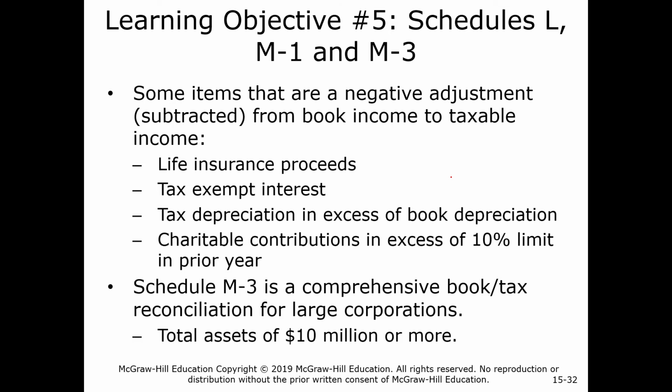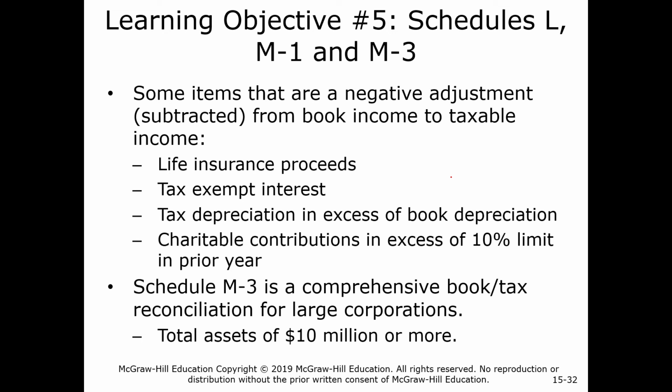Things that could be subtracted in calculating our taxable income could be life insurance proceeds. As I said before, the life insurance premiums are not deductible for tax purposes because the life insurance proceeds are not taxable.